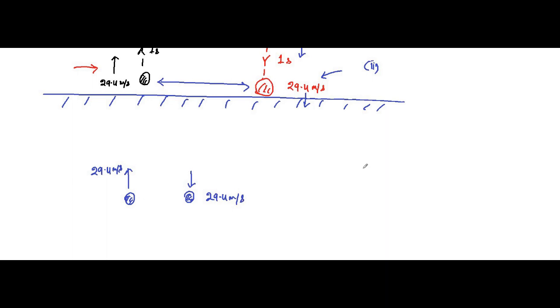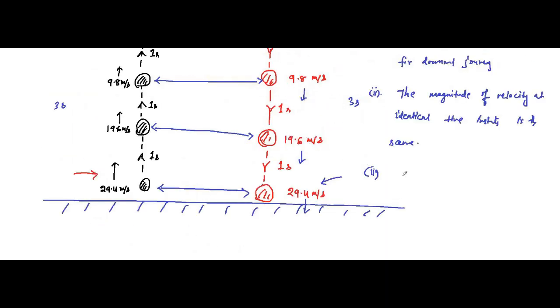So the important conclusion is that the velocity with which the ball is thrown upwards, it comes down with the same velocity.